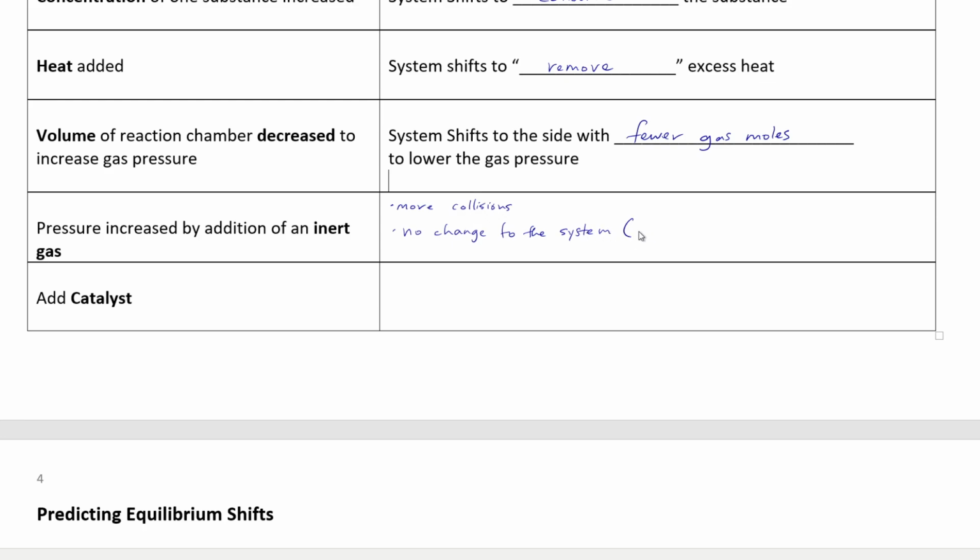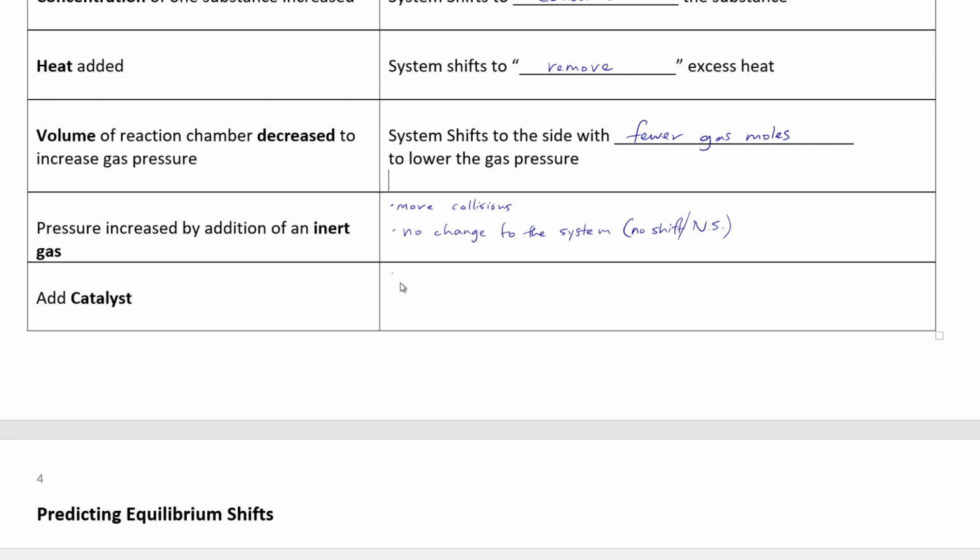That is to say, no shift, or NS, because the addition of an inert gas has no effect on the system, right? There are more collisions, and potentially you may have the reaction speeding up, but the reaction will speed up in both directions.